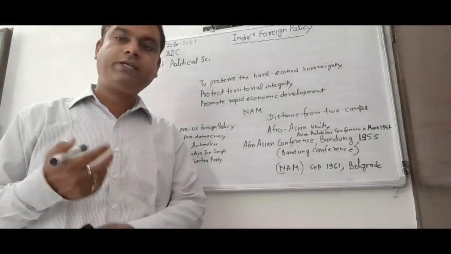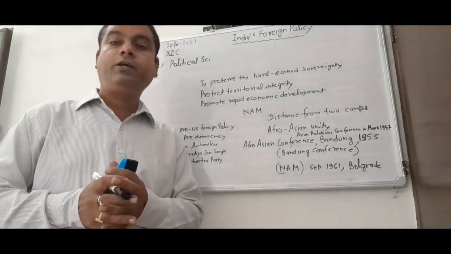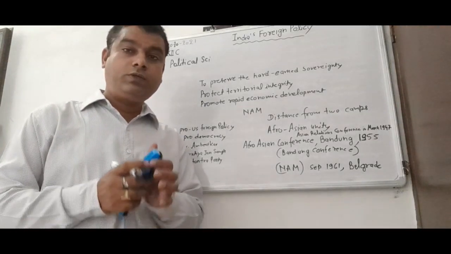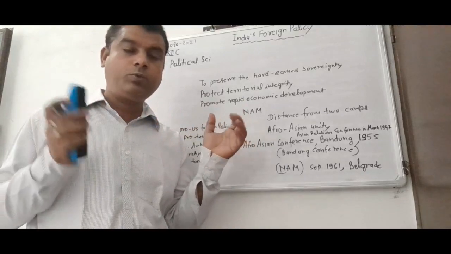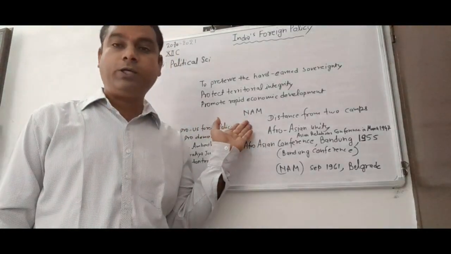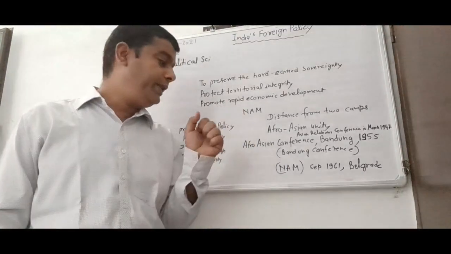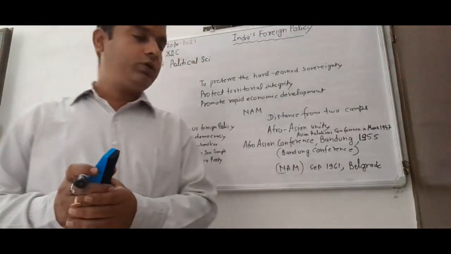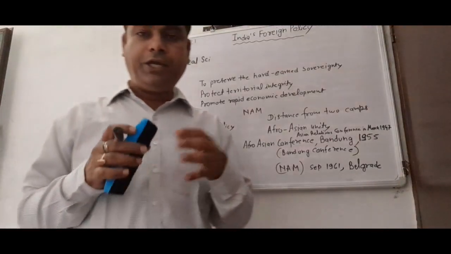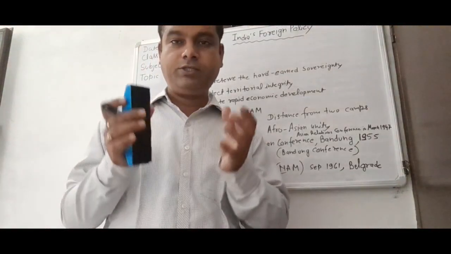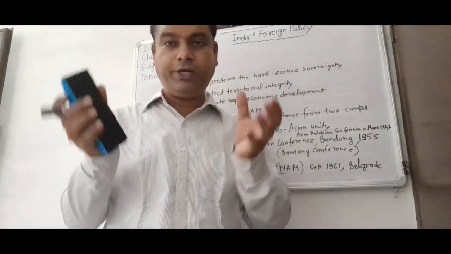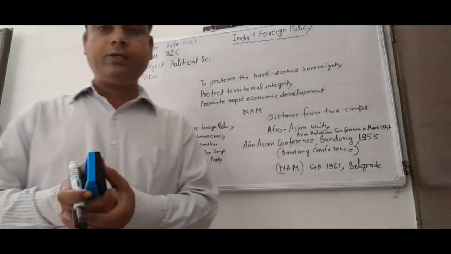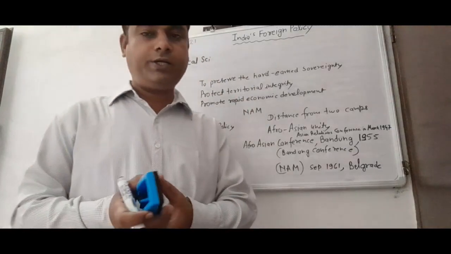So class, we can say that initially after independence, India's foreign policy was to keep equal distance from the two blocks. India followed the non-alignment movement, and India's foreign policy was to make the Asian African countries unite, basically for the newly independent countries.